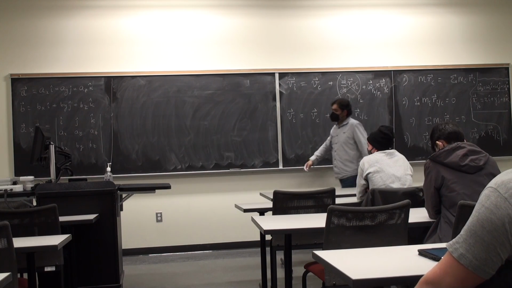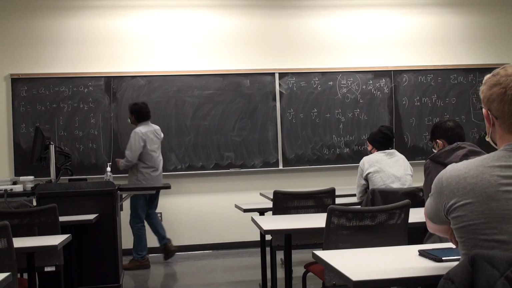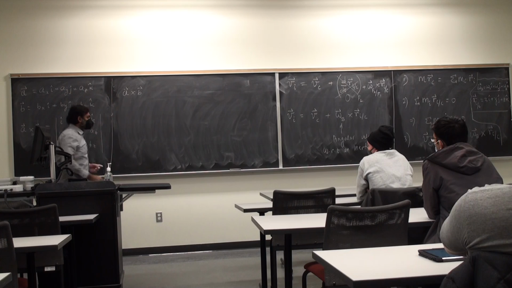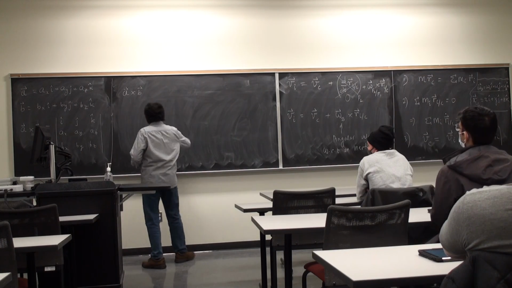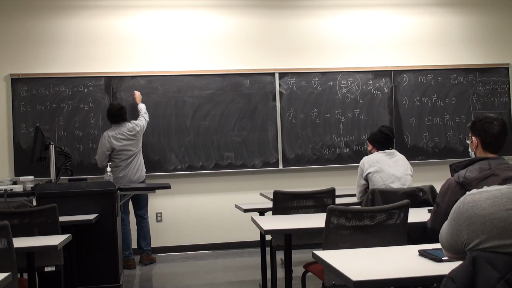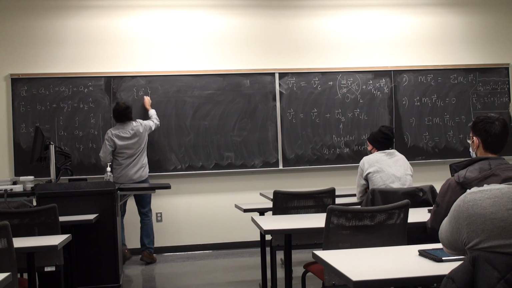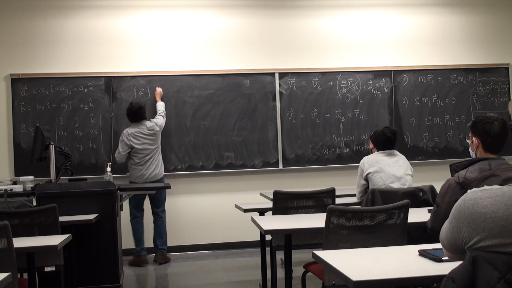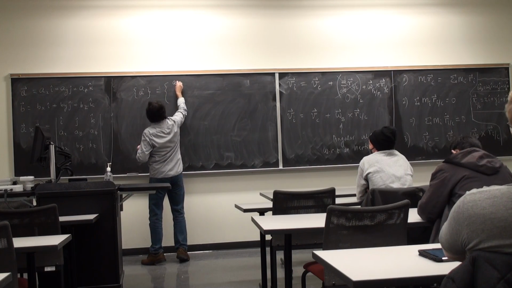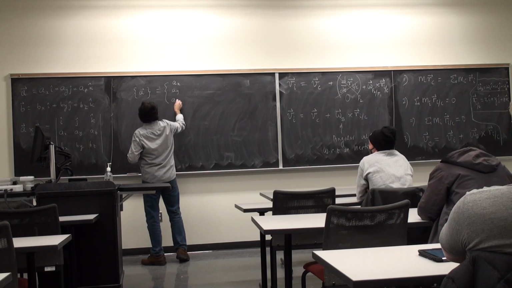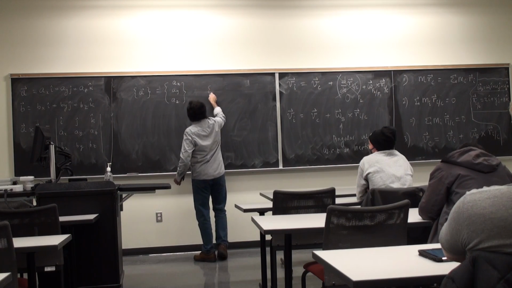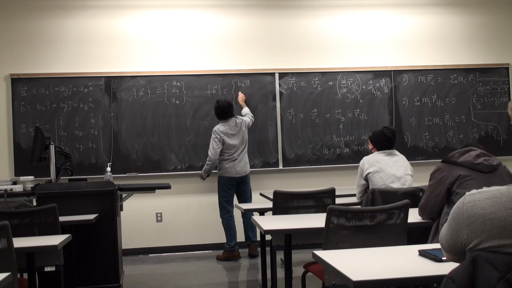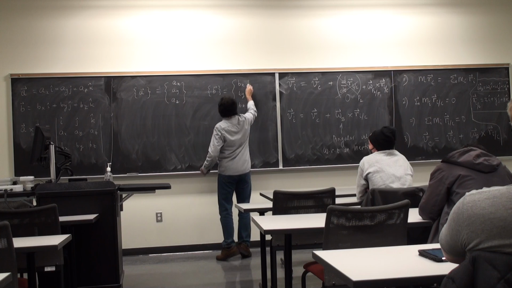Now I'm going to say that this is also equivalent to the following. A cross B, and then before that some notational changes. This represents the vector A written in the column form. So this is AX, AY, AZ, and B is BX, BY, BZ.